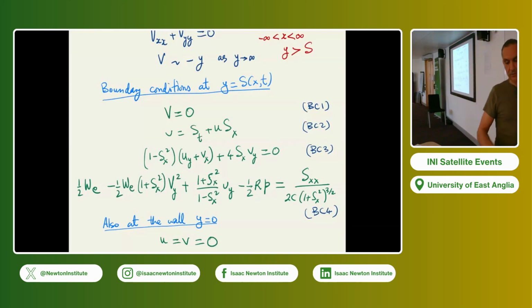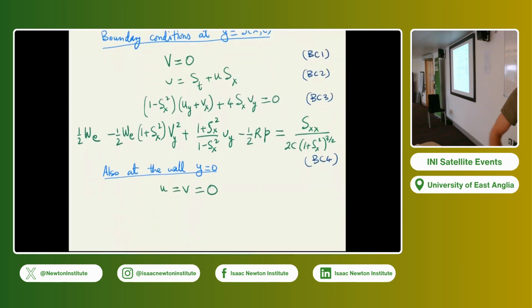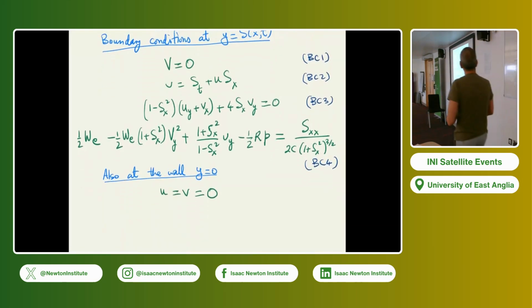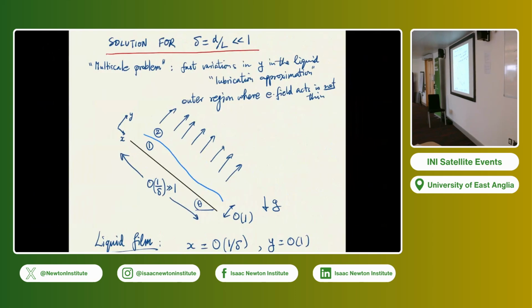And what I want to do next is see what happens in a situation when the film is thin compared to the wavelengths of the waves that form, to get some idea of the nonlinear dynamics involved. Okay, so I want to proceed for that situation.